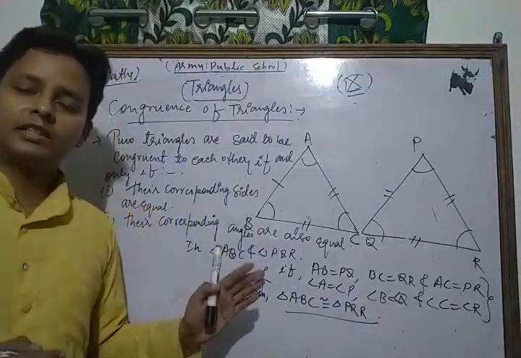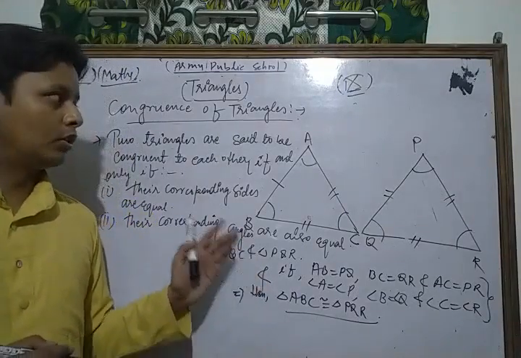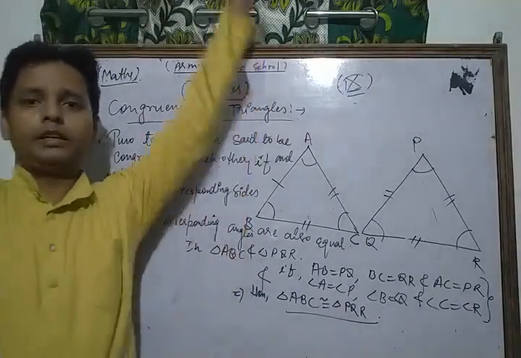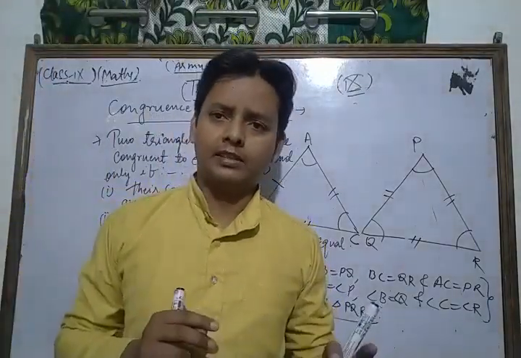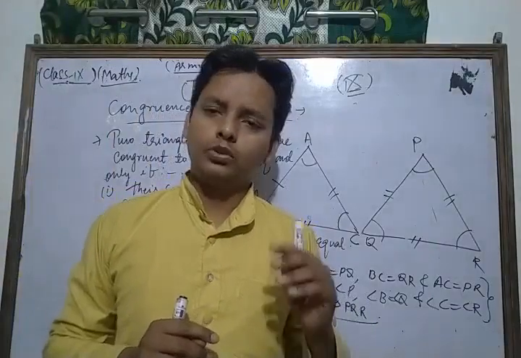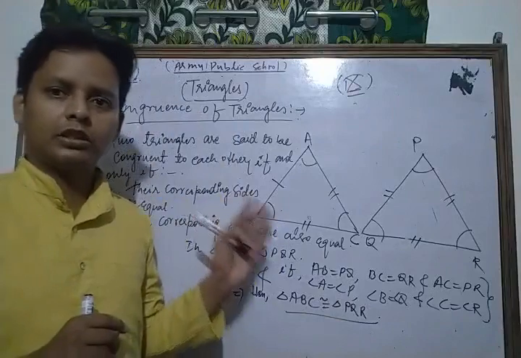So dear student, this is the concept of congruency of triangles. Please first clear this concept. After that you can solve each and every question of your NCERT exercise based on these concepts.